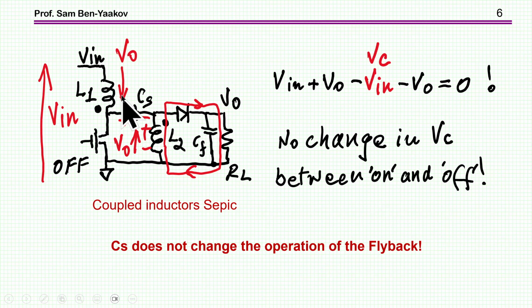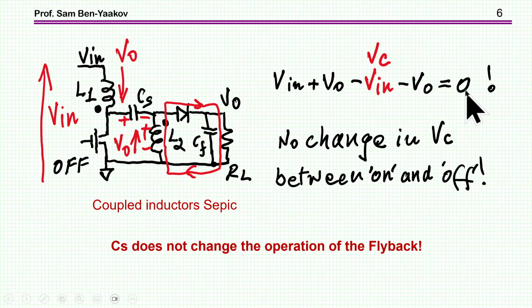So the voltage here is V out. Now we're going here in the same direction, so this is V in plus V out. Now the capacitor is assumed to be charged to V in, as we have seen earlier. And then of course we have this voltage here, V out, which is we go in the negative direction. So this is the summing up, and as you can see, it sums up to be 0.